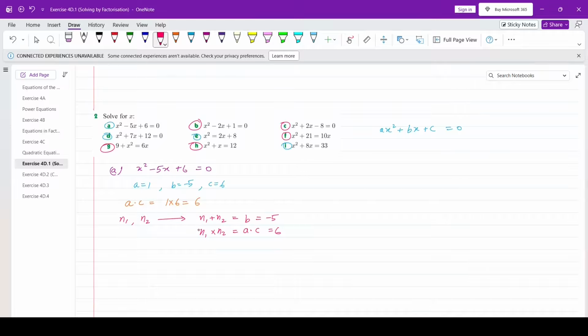So we need to take two numbers such that the summation of those two numbers is equal to -5 and the product of those two numbers is equal to 6. So what could those numbers be?